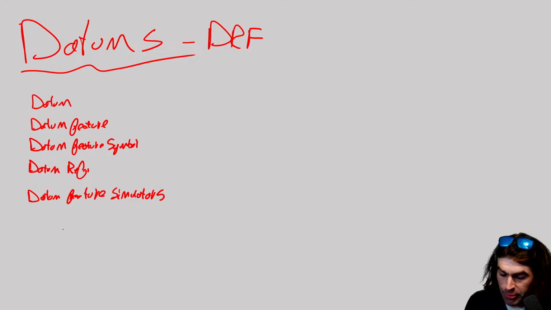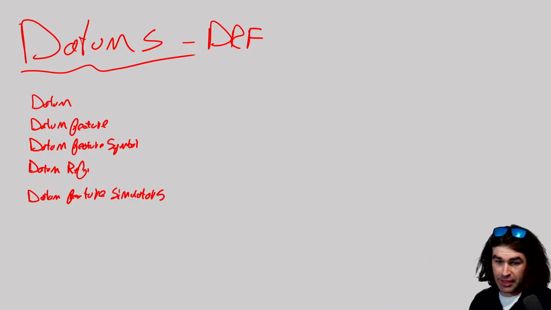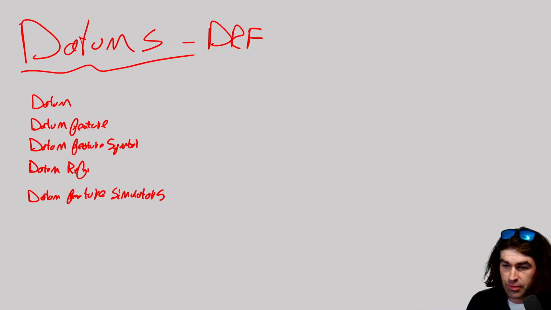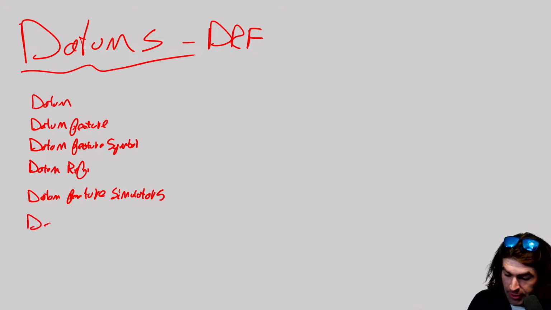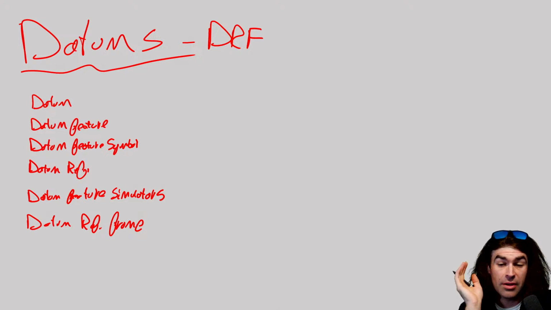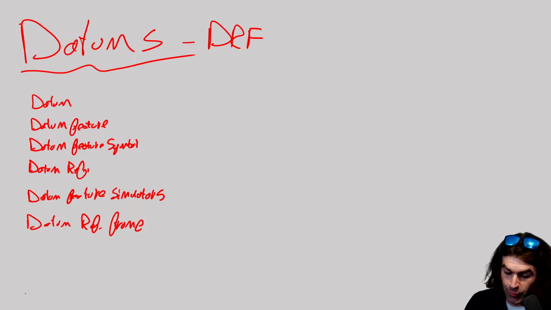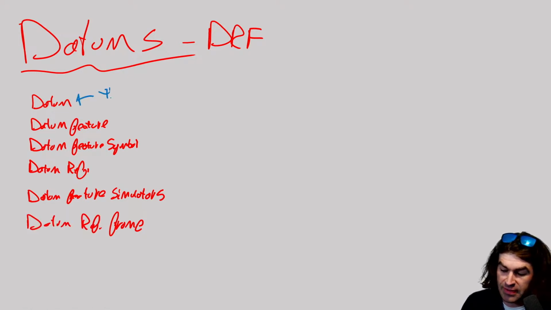Okay, datum feature simulators, and I should just use my notes, right? Datum features. Oh, and datum reference frame. This terminology is super confusing if you're just trying to learn the stuff, because it all looks the same, right? It's all these different versions of this one word. Some ways I remember it: the datum is a theoretical thing.